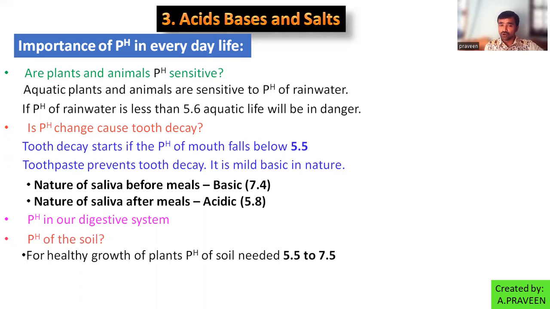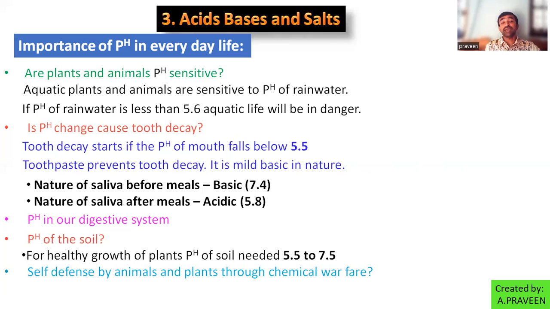If the pH value is lower than 5.5, healthy growth of plants will be affected, so there is no proper yielding, which means less production. So they can use basic substances, right? Limestone, lime water, spilled in the fields. Like this, we can change the soil nature by testing it. How to check the soil nature will be discussed in tomorrow's class.